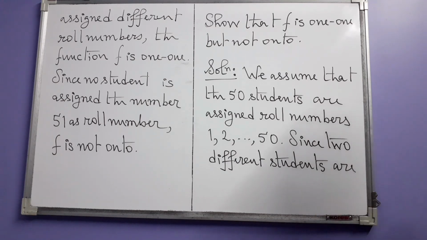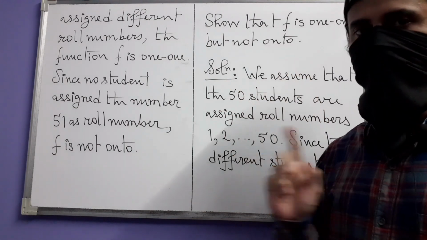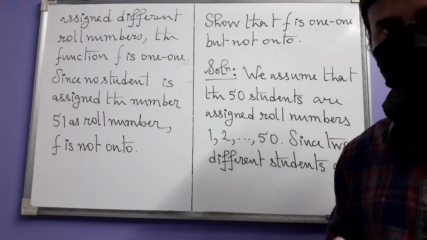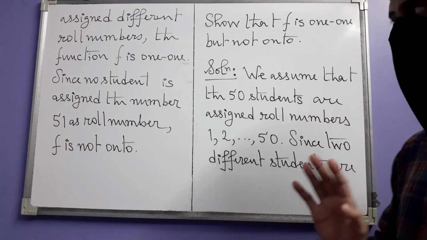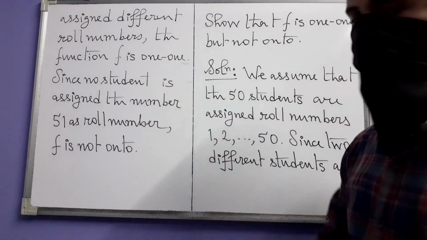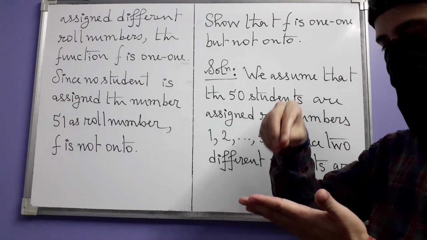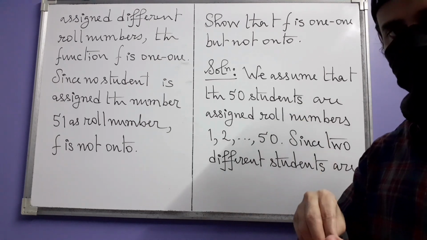So here's the point. Since two different students are always assigned different roll numbers, obviously two different students won't be assigned the same roll number, or say more than two students also won't be assigned the same roll number. That is why the function f is one-one. Why? Because what is f? The inputs in f are the students and the outputs are roll numbers.